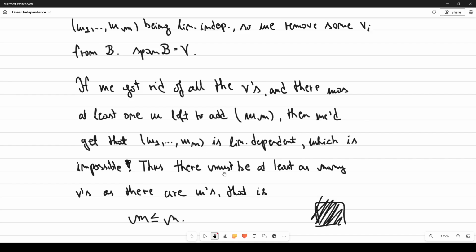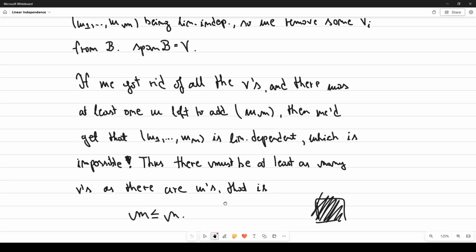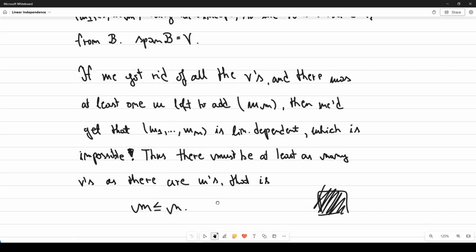Hence, there must be at least as many v's as there are w's. So we will be adding w's and removing v's from the list. After we've added all the w's, either there were exactly as many v's as w's, or there are still some v's left in the list. Either way, we have that m, the number of vectors in our linearly independent list, has to be less than or equal to n.